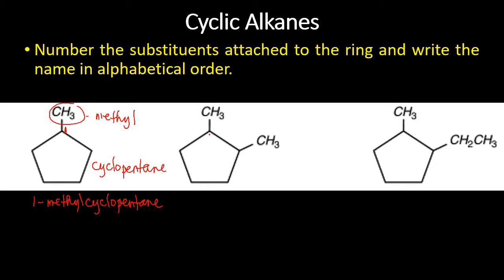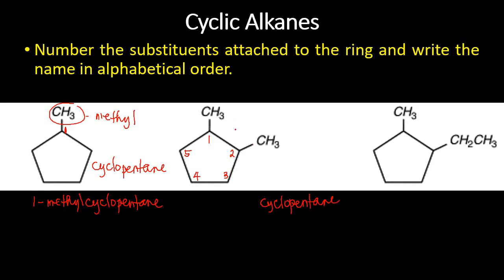We can start from this, numbering this as 1, 2, and then 3, 4, then 5. Okay, so 1, 2, 3, 4, 5. So there are 5 carbon atoms. So that is also cyclopentane.